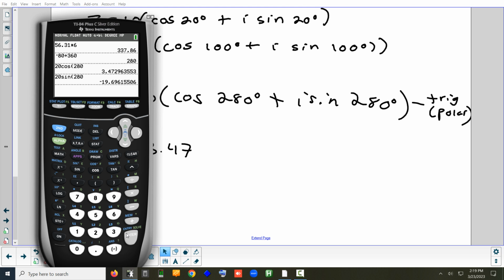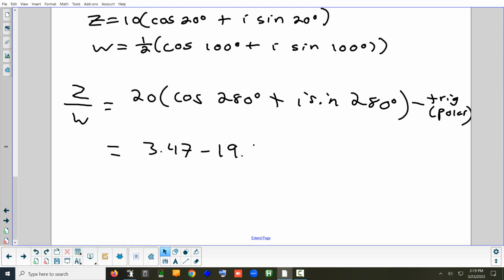So that gives me a negative, about minus 19.7. Yeah, and you have to put the i. So this is standard form. That's trig form. It's not very hard to change it to standard form once you have trig form. It's just the distributive property.